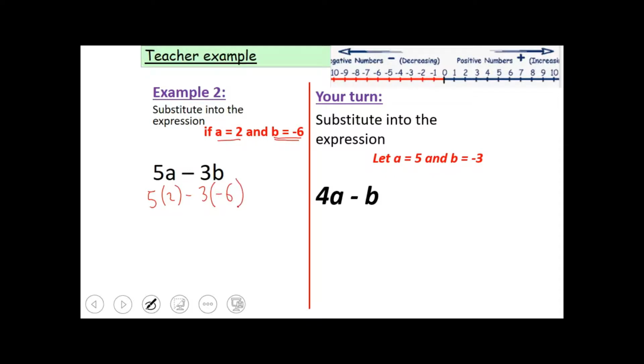So let's expand this bracket out. 5 times 2 is 10. Take away. Minus 3 times minus 6. So minus 3 times minus 6 is going to be a positive 18. So my answer is 10 plus 18, which is 28.